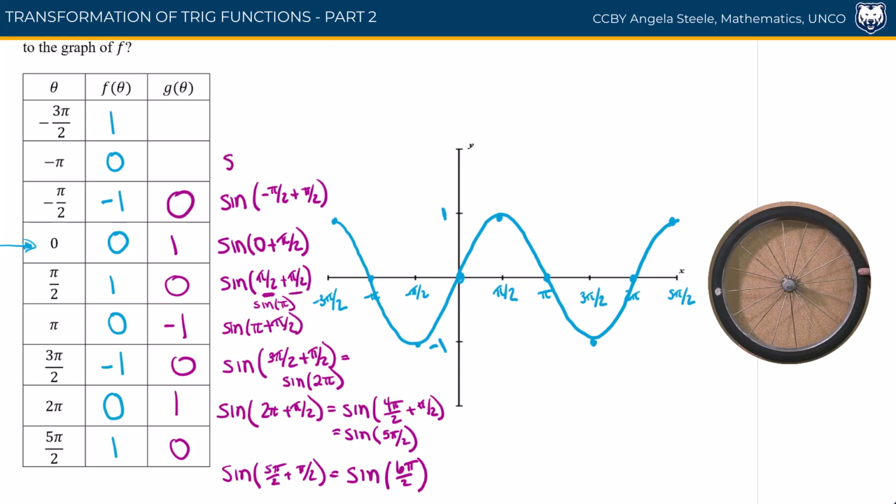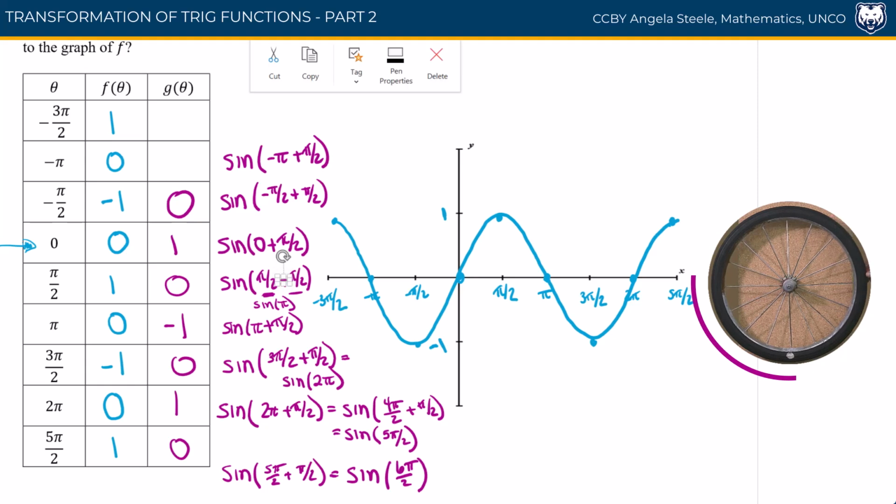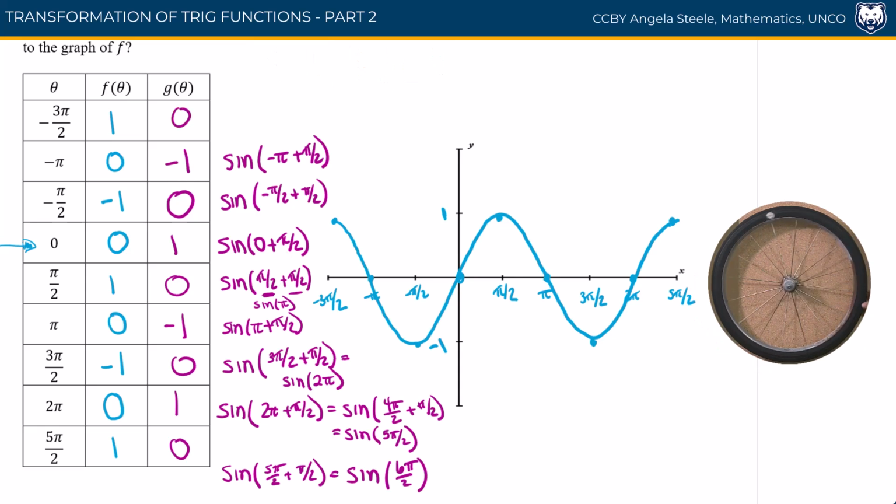And then a very similar story for all of these other ones, negative pi plus pi over 2. So that means we start at the 9 o'clock position, and then we move counterclockwise 90 degrees. So that gives us the negative 1. And then for that very first one, let me actually just write this out.